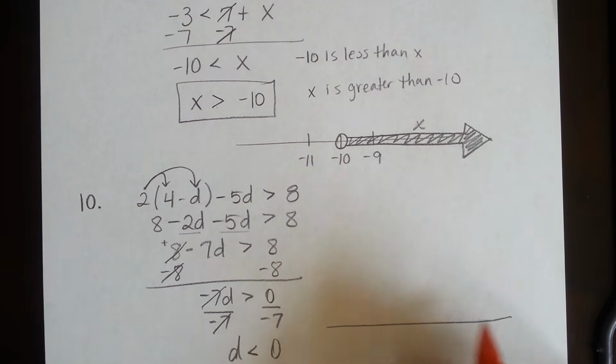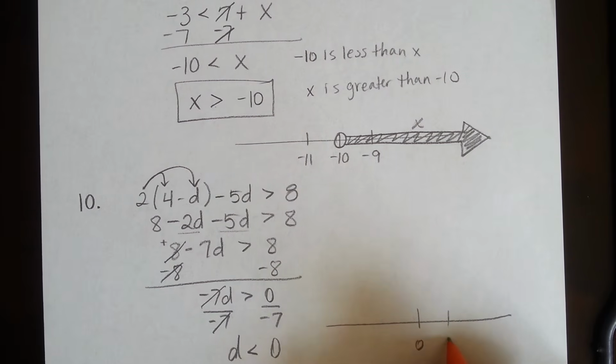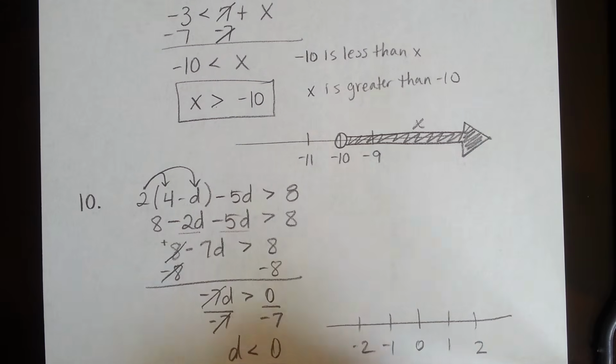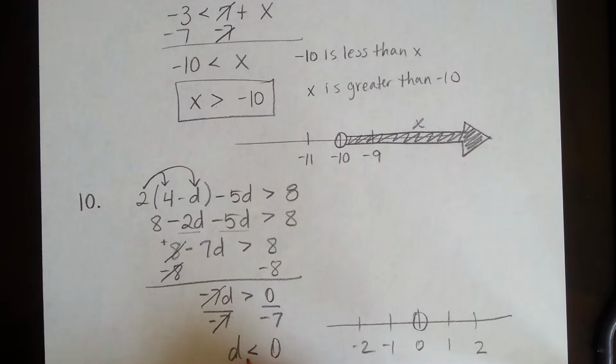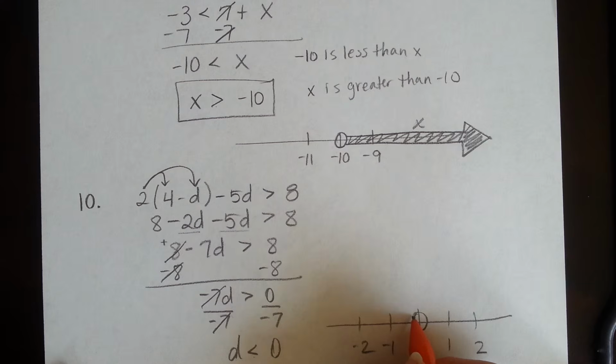Once again, if I'm graphing that one, I would put some numbers down as reference points. Since it's a less than symbol and not less than or equal to, I'm going to put an open circle at 0. And I'm going to shade. This says d is less than 0. So this would be less than.